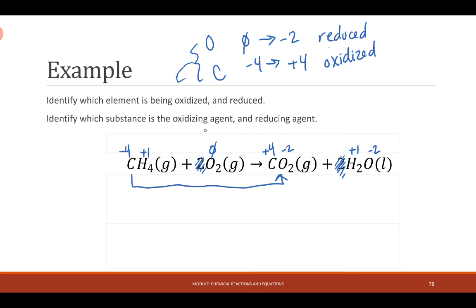Now to figure out our oxidizing agent and reducing agent. We know that oxygen ends up getting reduced. And since oxygen is getting reduced, that means oxygen is the oxidizing agent.